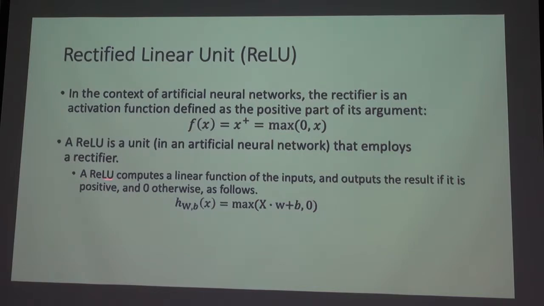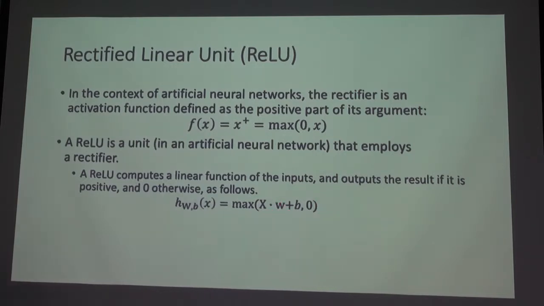So ReLU computes a linear function of the input and outputs the result if it is positive, and 0 otherwise. As follows, h_{w,b}(x) is going to be max(x·w + b, 0).